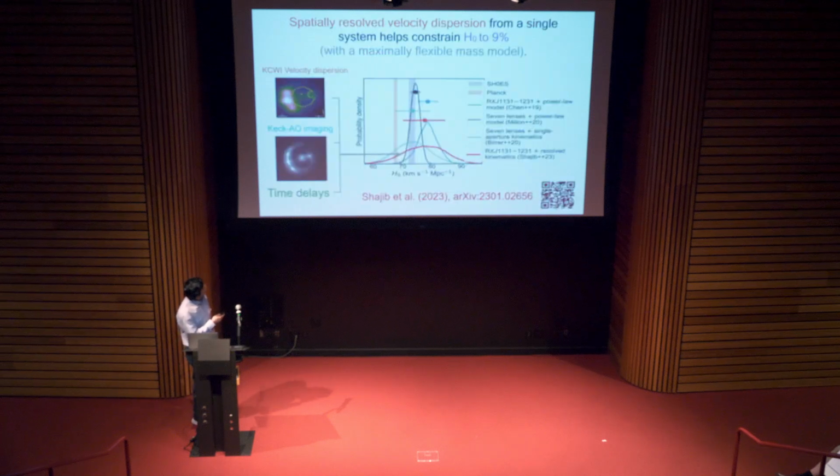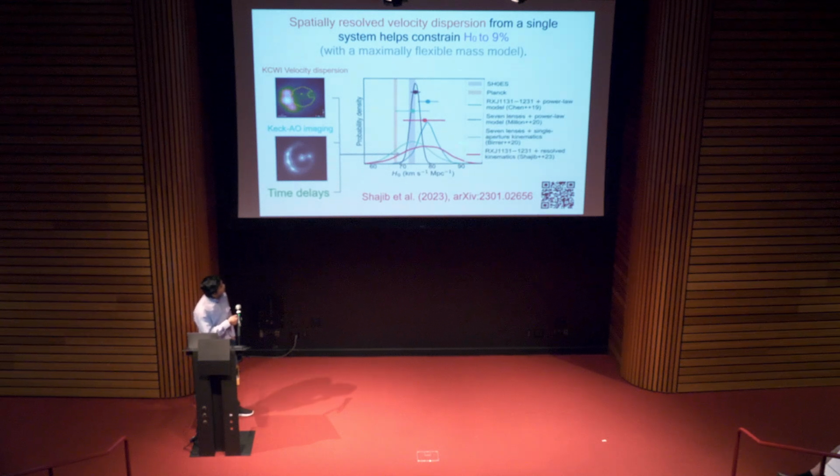So we took the spatially resolved velocity dispersion data from KCWI, and combined that with previous time delay data of this lens system and lens modeling data also from the previous work, and analyzed those with a maximally flexible mass model. With that, we got a 9% estimate of the Hubble constant.